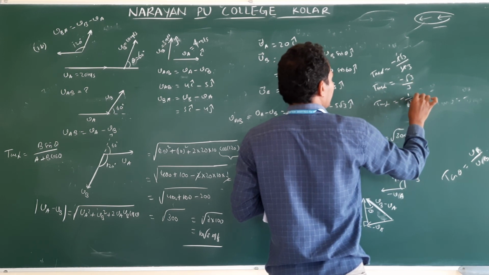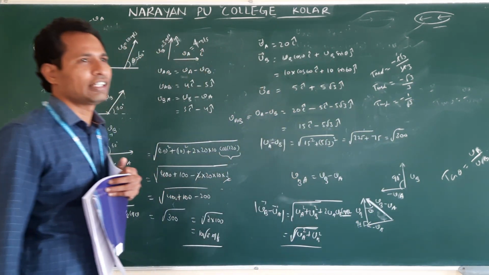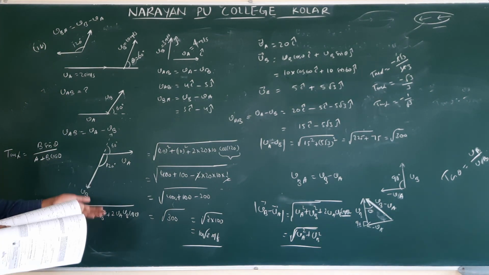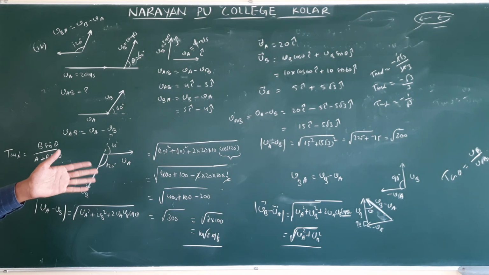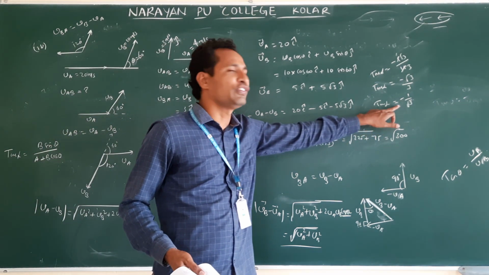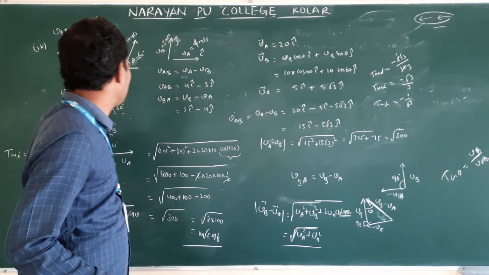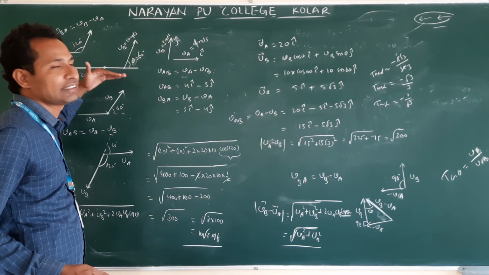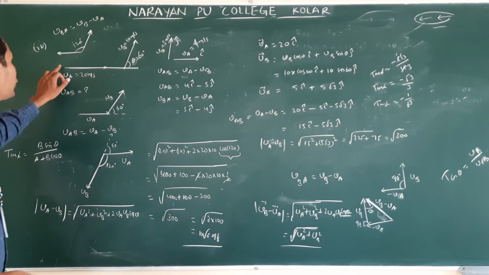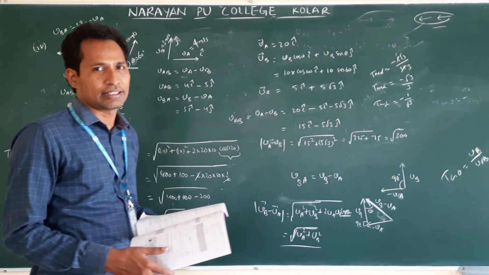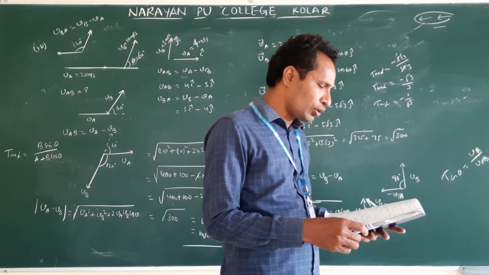Where do you get tan for 1 by root 3? 30. Minus is there, so you take it minus 30. If you get 60, that is minus 60. With what? With x axis. Tan alpha we taken with x axis, means with respect to A. Understand? They given figure, you can understand that. Okay?